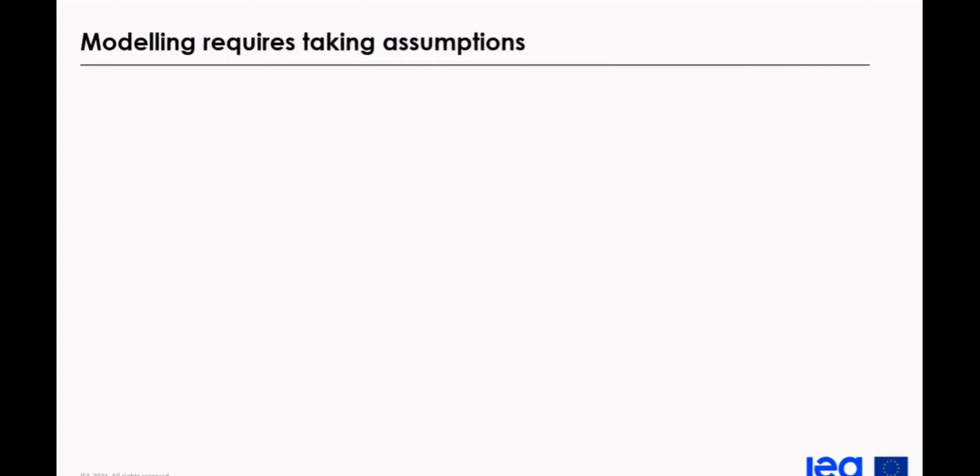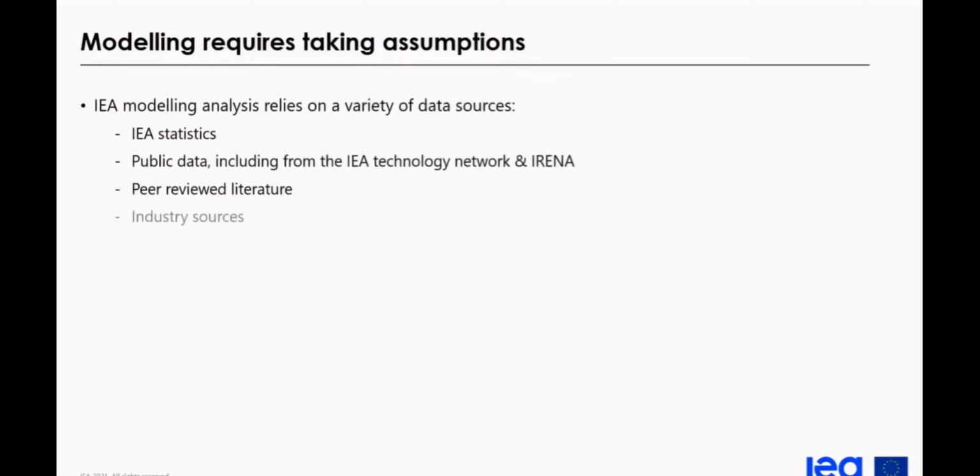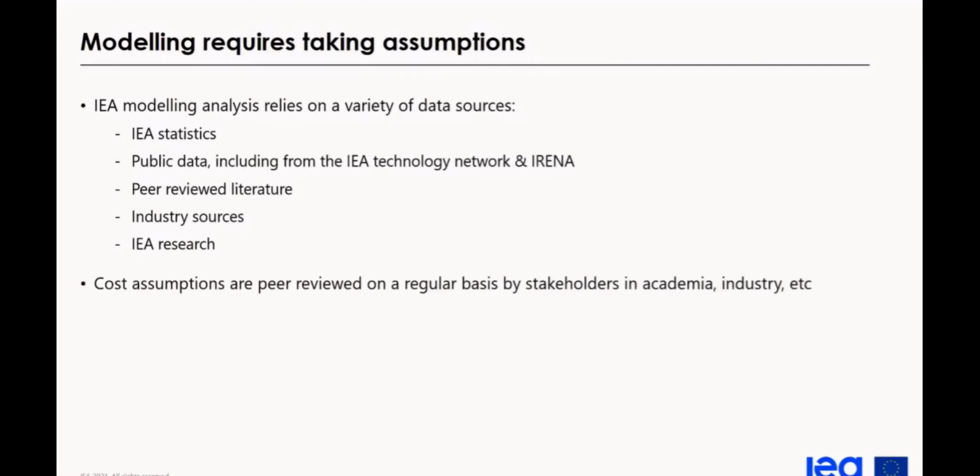Developing models requires taking assumptions. At the IEA, our modeling exercises rely on various sets of data, including IEA internal statistics and research, as well as external data available. When it comes to cost, it is very important to have regular peer review of the hypotheses, because costs can evolve very quickly and be outdated very quickly.